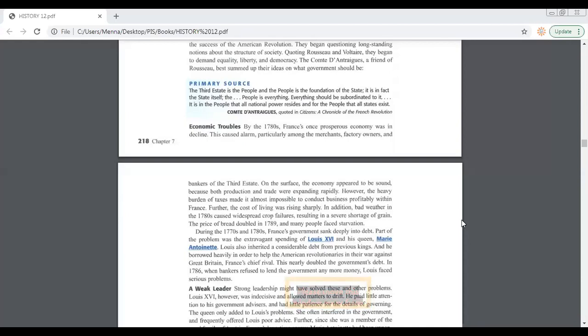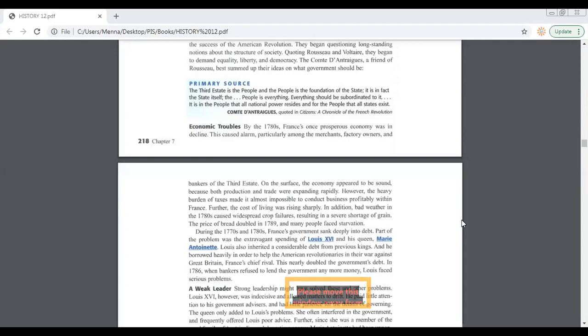Increasing debts, and with the increasing debts, even though the taxes were collected a lot, these taxes were not enough.